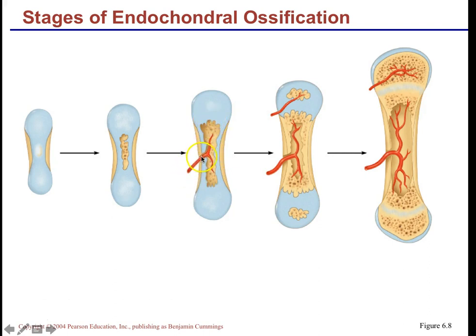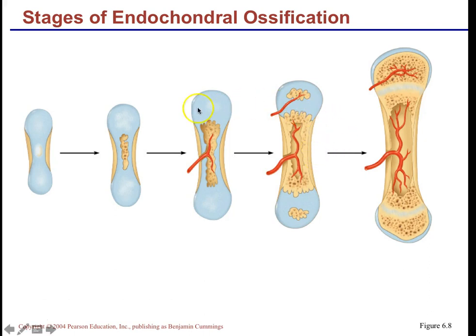And the blood vessels invade and will deliver osteoblasts. And osteoblasts make bone. Now, they are more aggressive about making bone than chondrocytes are making cartilage. So as you have the growth of the osteoblasts, you will replace the cartilage and the chondrocytes with ossified bone.